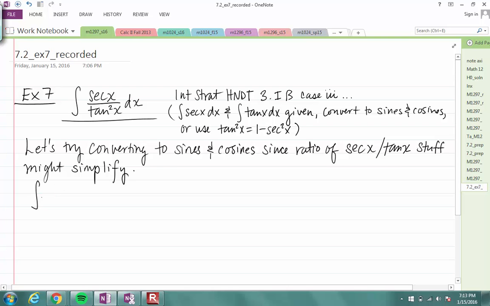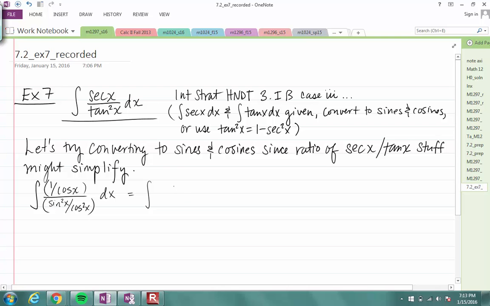Alright, so secant can be represented as 1 over cosine, and tangent can be represented as sine over cosine, and because it's squared, we can represent that as sine squared over cosine squared. So we got some potential here for things to simplify.